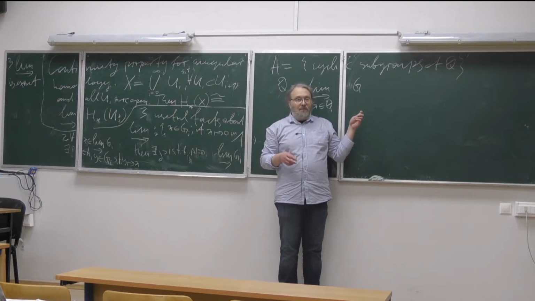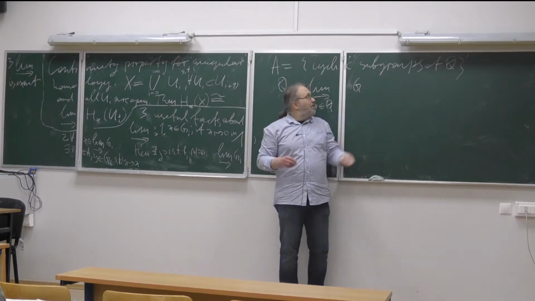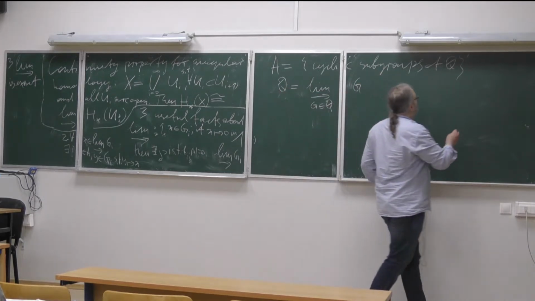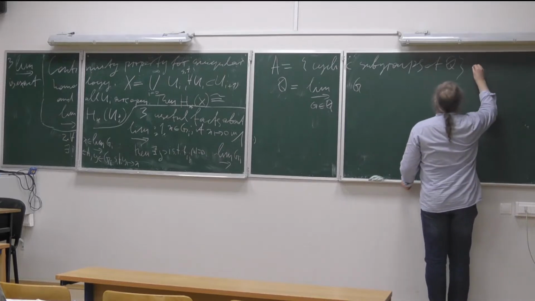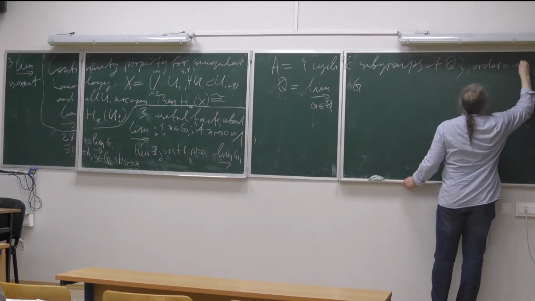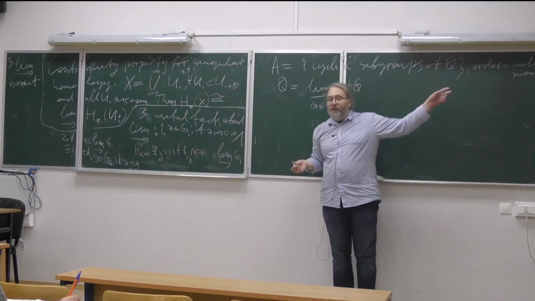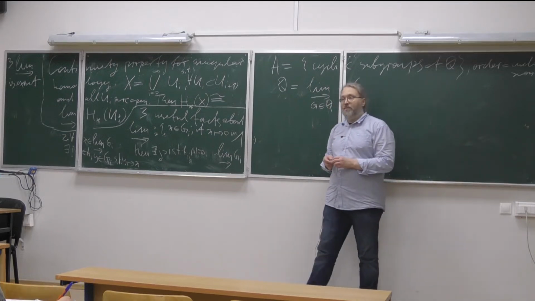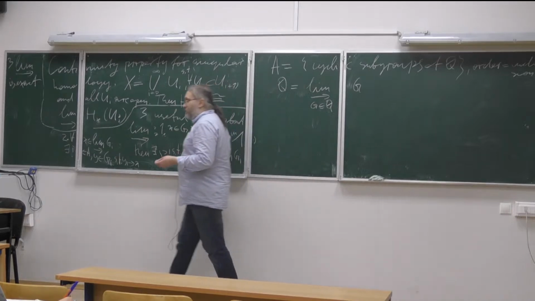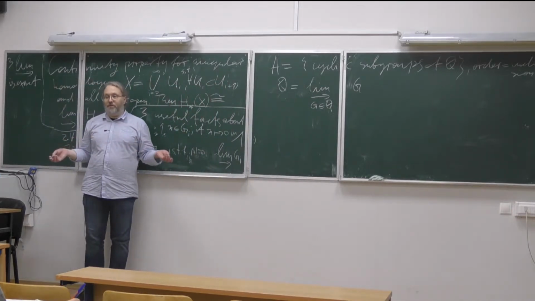The ordering is given by inclusion. One subgroup is less than another subgroup if and only if it's contained in the other subgroup.